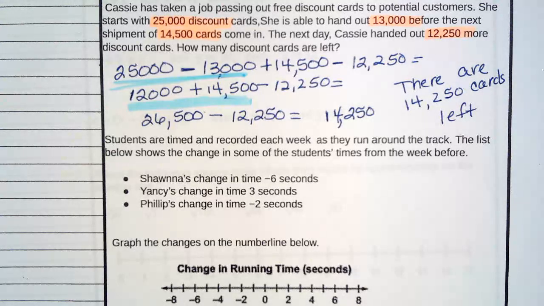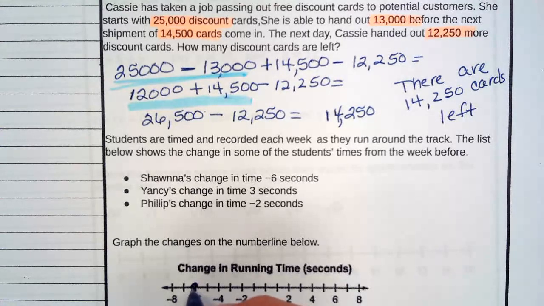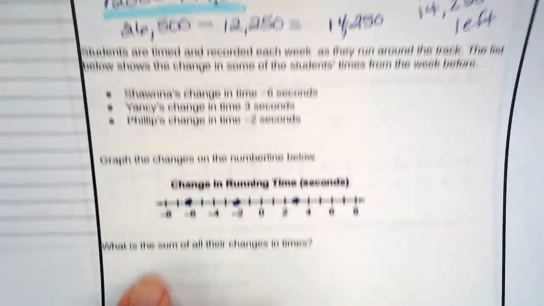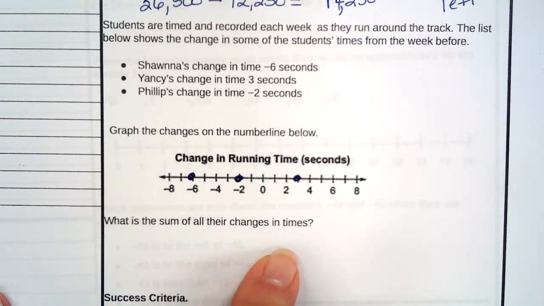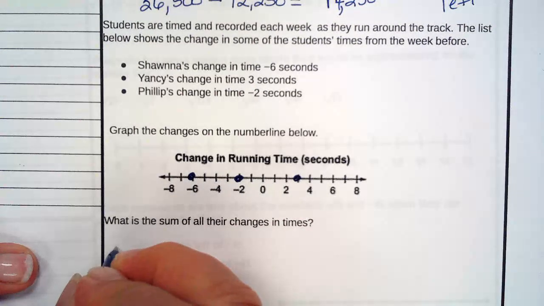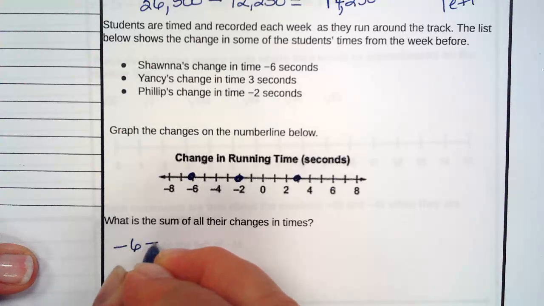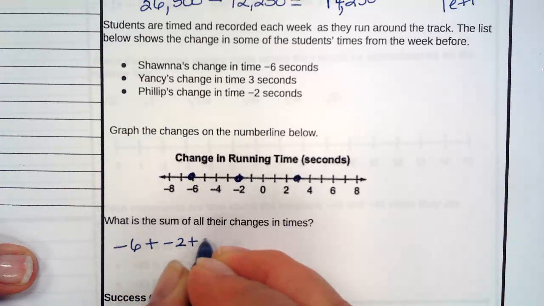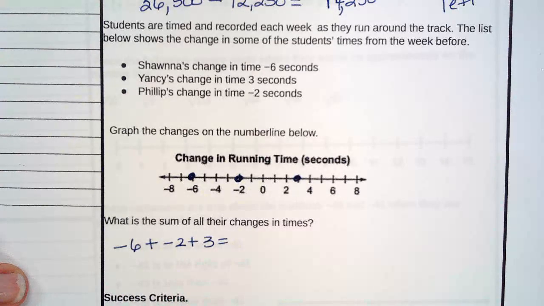So, graph the changes on the number line: -6, +3, and -2. What is the sum of all their changes in time? I'm adding. Sum means add. Negative 6 plus negative 2 plus 3. Order of operations tells me that I do the addition in order.